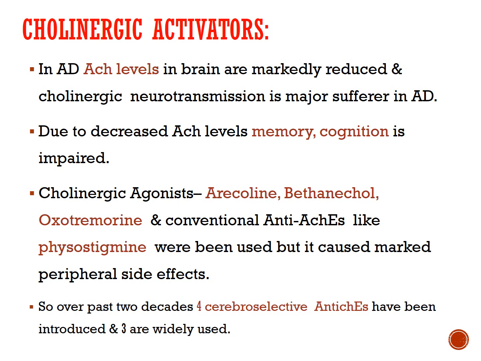Initially, we tried conventional agents like arecoline, bethanechol, oxotremorine, as well as physostigmine. But these agents produced severe peripheral side effects, so their use was discontinued. Nowadays, we are using only certain cerebroselective agents like tacrine, rivastigmine, donepezil and galantamine.